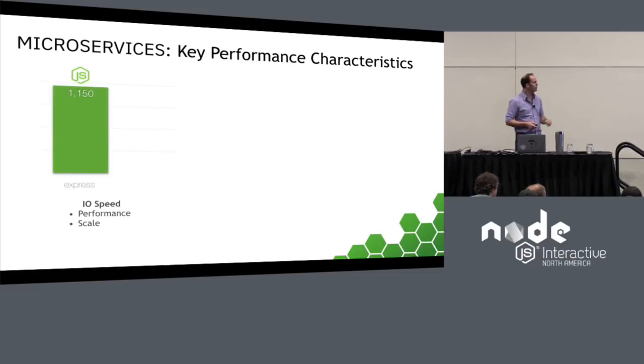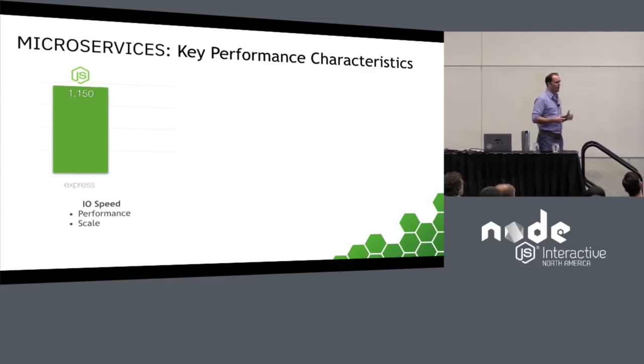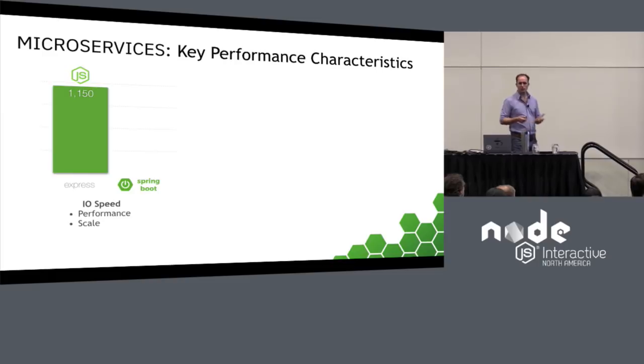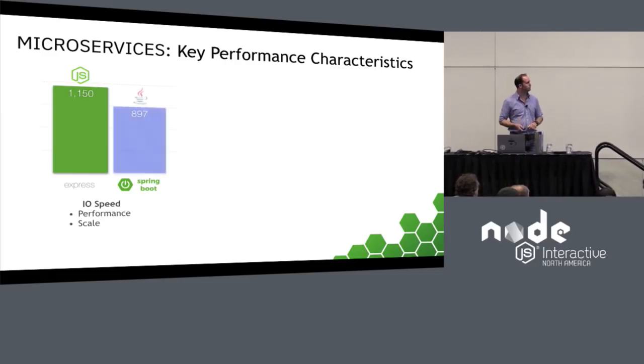So this is how Express.js does on a benchmark that takes a request, does a database fetch, does an update to the database, and does a response. So kind of a CRUD operation in Node.js. And here's the equivalent from Spring Boot, which is a microservices framework in Java.